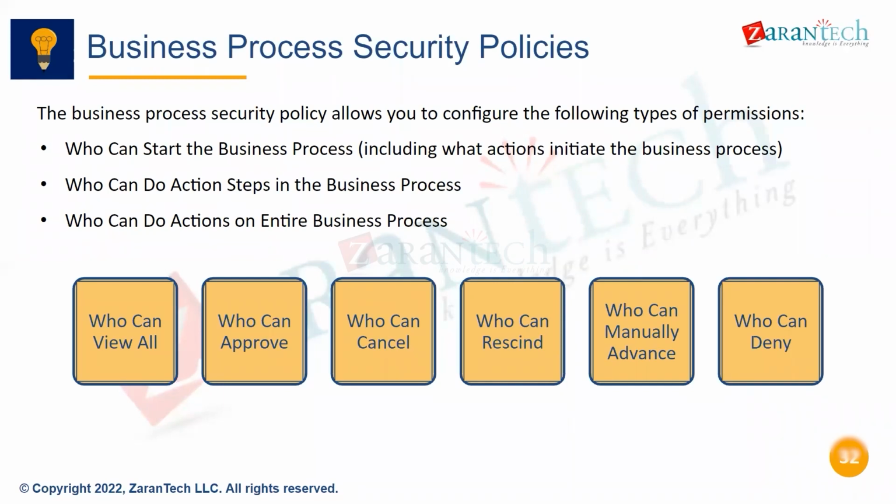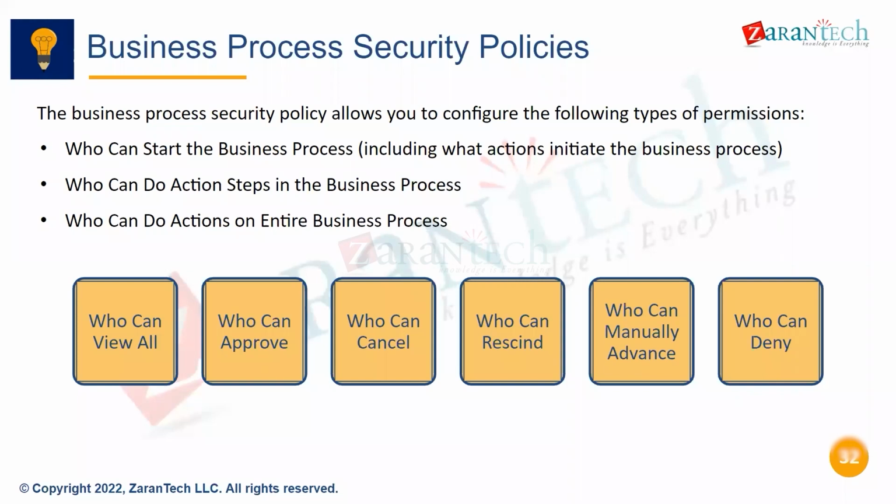Any business process has the initiation task: which security group will have access to initiate the business process, which security groups have view access, who can approve it, and who can cancel. So approve, cancel, rescind, these are all actions related to the business process.